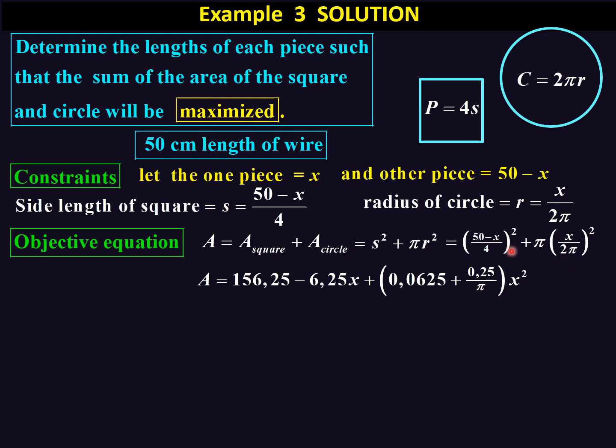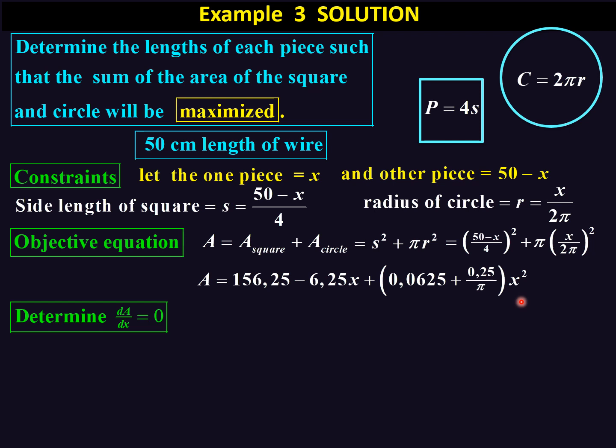After removing all those brackets, you get 50 minus x over 4 times another 50 minus x over 4, x squared over 4 pi squared, and simplifying, we eventually end up with that expression. In an example like this, the examiner would say, show that that's the answer, in case you make a little calculation error.